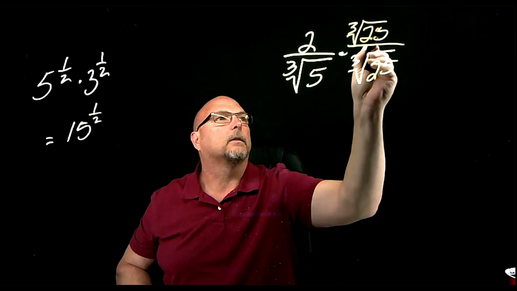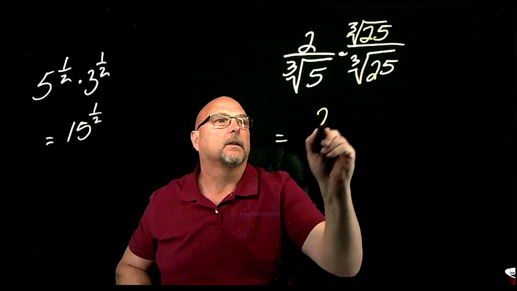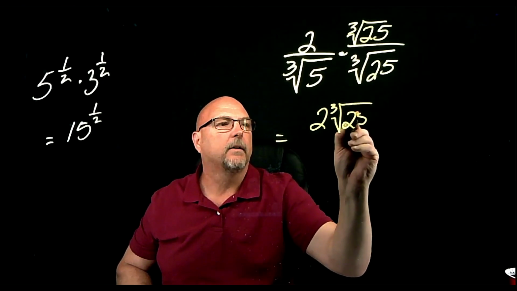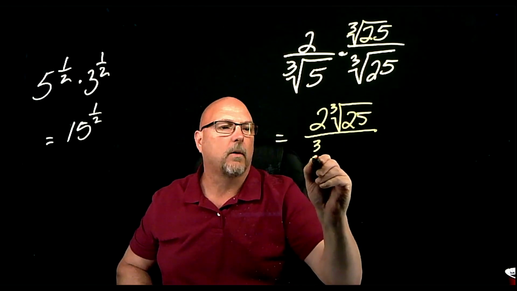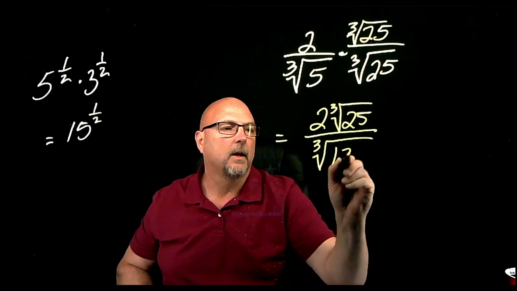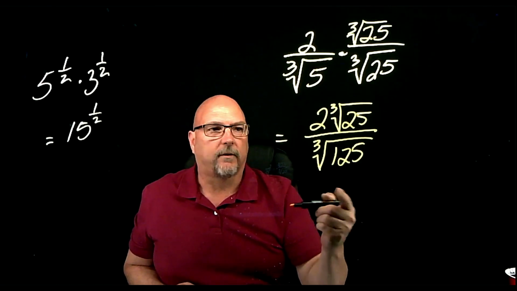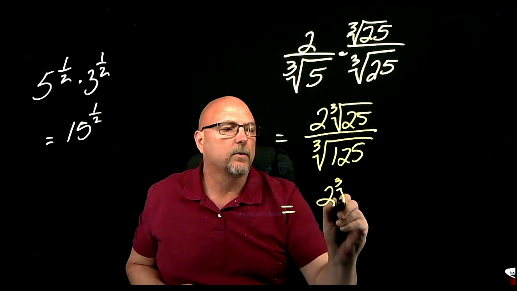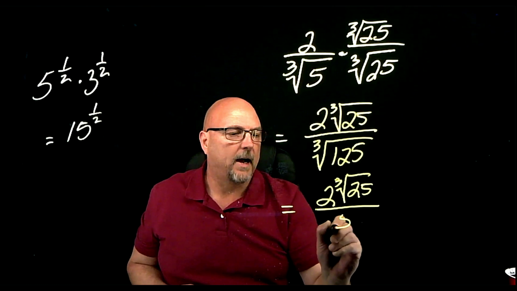So that's getting a little sloppy, but let's go ahead and start to simplify this. This equals 2 times the cube root of 25 divided by 5 times 25. This is what we wanted to have happen because the cube root of 125 is just 5. So this ends up being 2 times the cube root of 25 divided by 5.